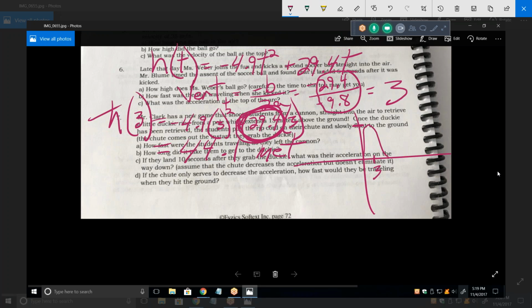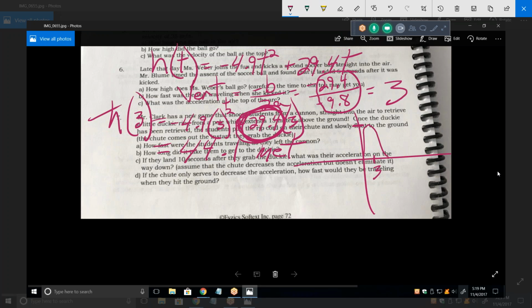What was the acceleration at the top of the arc? Would it be 3 meters per second? It's going to be minus 9.8 meters per second per second.